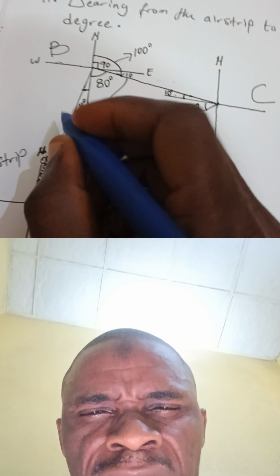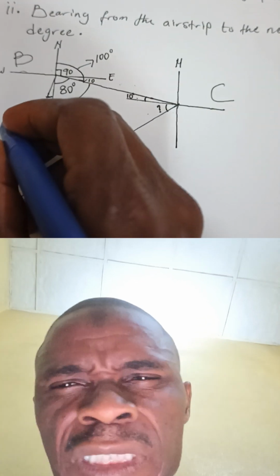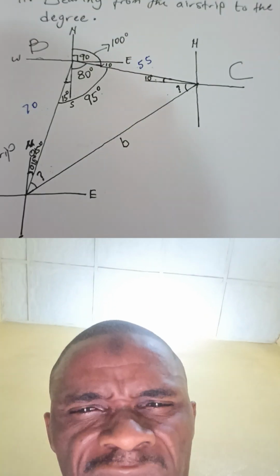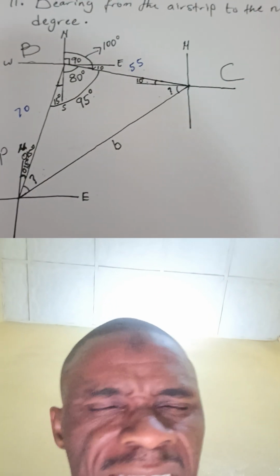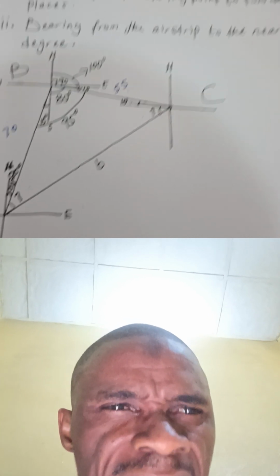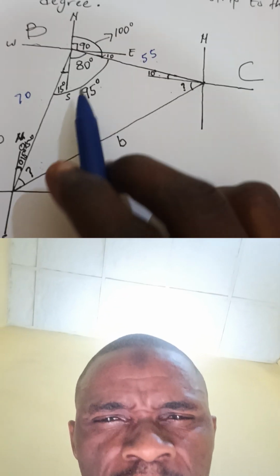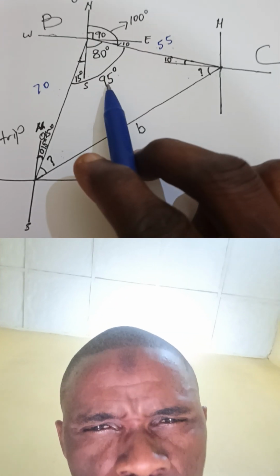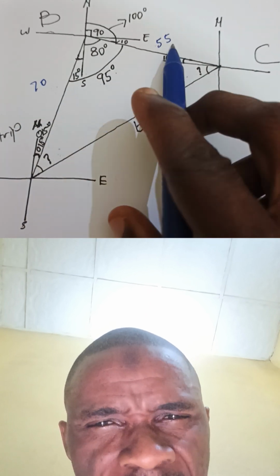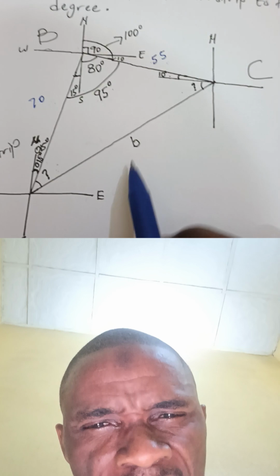So you can now come to your drawing and say, the distance here is 70, while the distance here is 55 kilometers. Then, like I said in the first video, since you have one angle and two distances, or sides, you can apply the rule to find this.